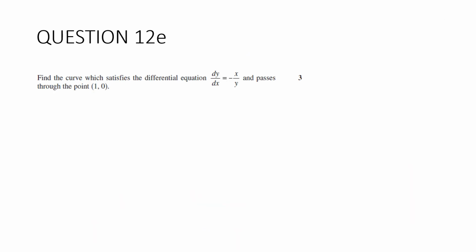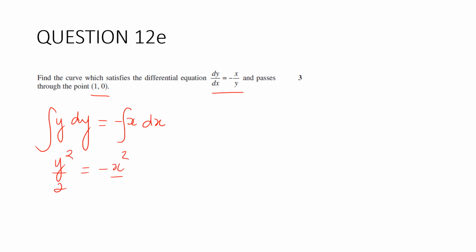12e, find the curve which satisfies the differential equation dy/dx equals negative x over y and passes through the point (1, 0). All right, again we're going to separate the variables, so y dy is going to equal negative x dx. Don't forget your integral signs. Integrating, y squared on 2 is equal to negative x squared on 2 plus c.